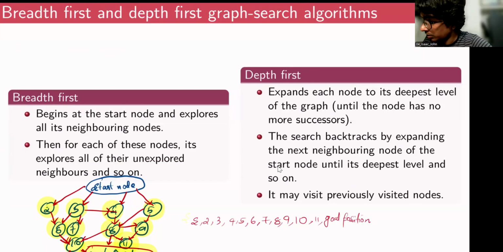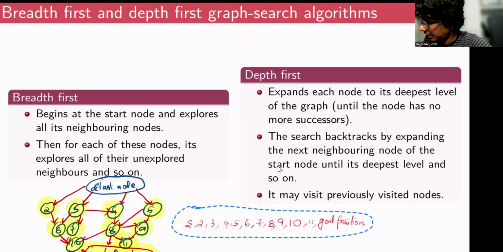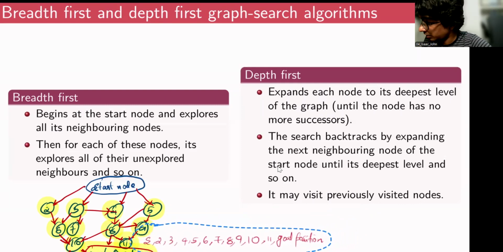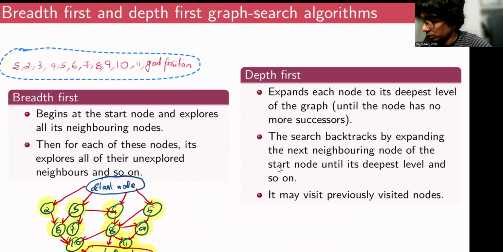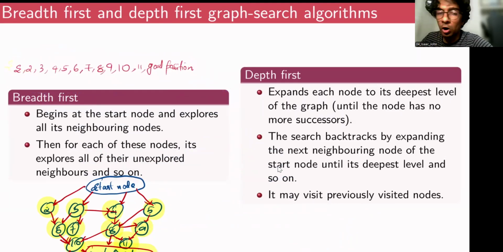So this is how the breadth first algorithm basically evaluates the cost needed for exploring all the nodes. Right? It grows like a wildfire.